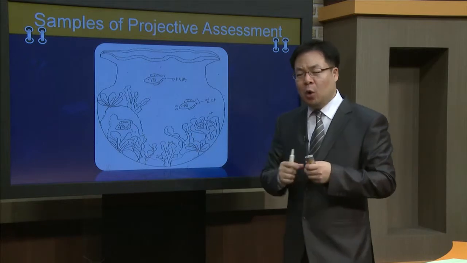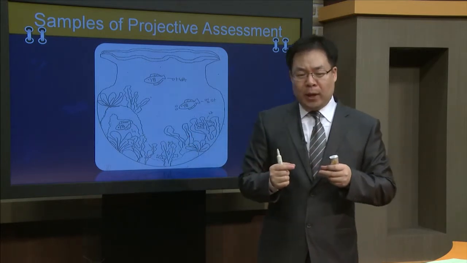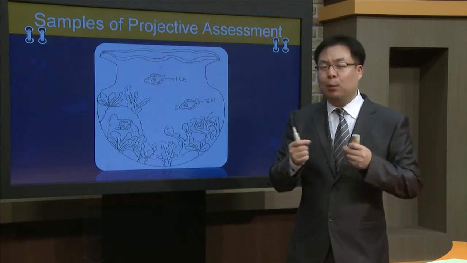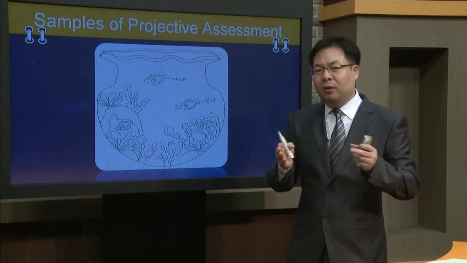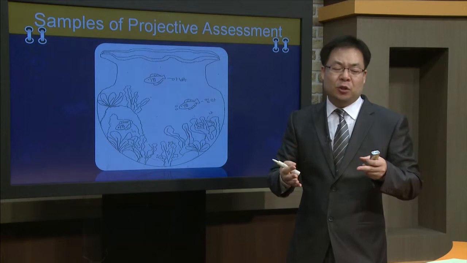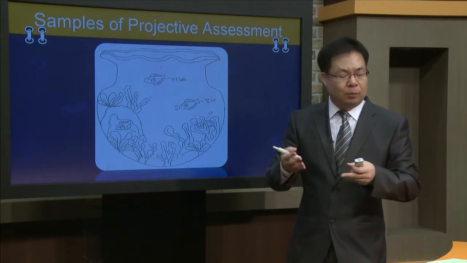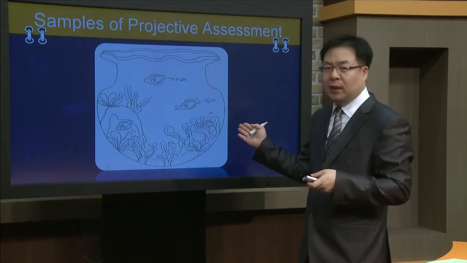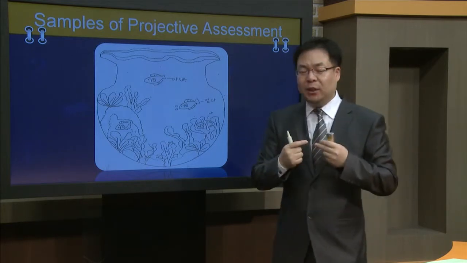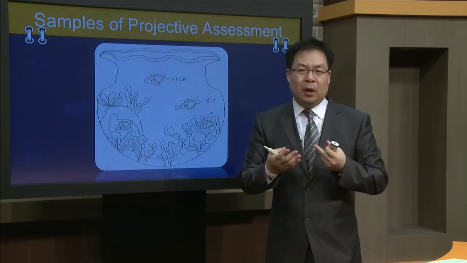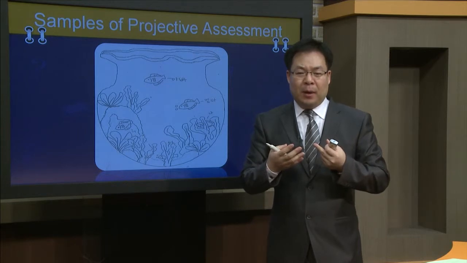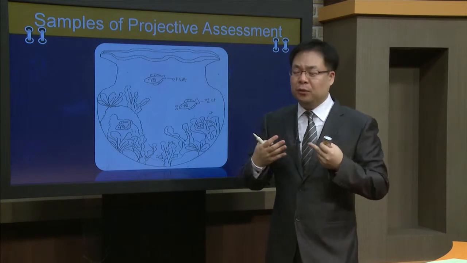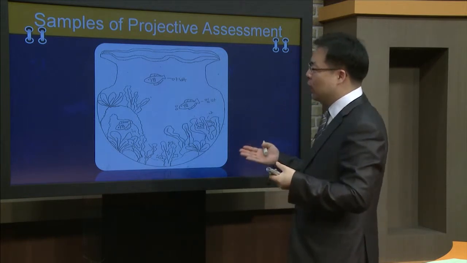So this is a more indirect way to identify the client's relationship with the family members. There are many different ways to identify this, but this is projective because the client projects their experience in an indirect way onto this picture.